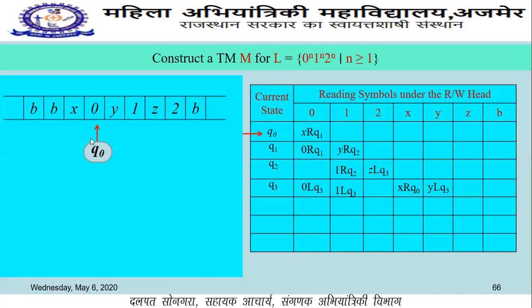So this is our second phase starting, and again, similar to phase 1, we replace this 0 by x and move on the right hand side. Whenever we read 1, then 1 is replaced by y, and whenever we read 2, then 2 is overwritten by z, and again taking a left turn. So in phase second, we start with this situation, and for this we already have a transition function, so we apply it here.